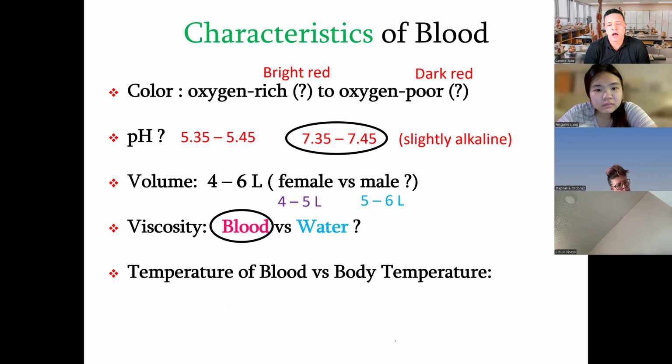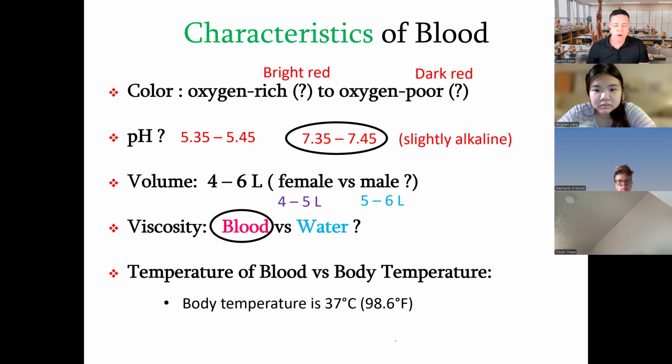What does viscosity mean? Viscosity is the amount of solutes that are dissolved in a fluid. We have a lot of proteins, a lot of ions, and a lot of cells within our blood, and that makes blood more viscous than water.